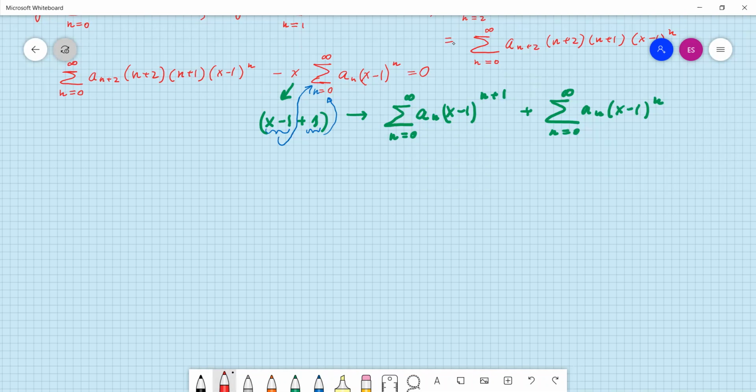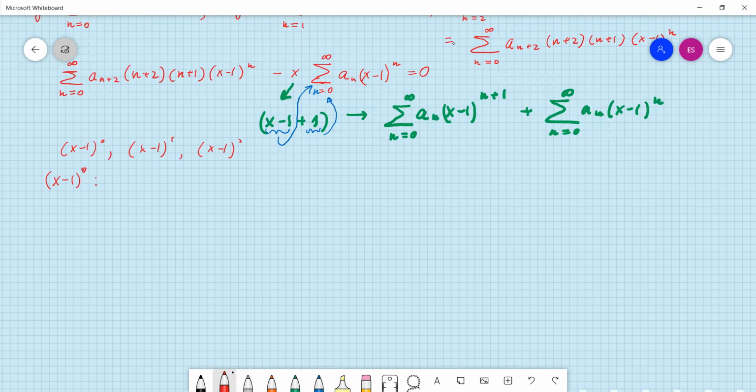So I'm going to literally consider the powers of x minus 1 like this: x minus 1 to the power of 0, x minus 1 to the power of 1, x minus 1 to the power of 2, and collect the coefficients in front of them. Because with 3 series, shifting the indexes is going to give me nightmares. This is a good way to do it when you have a complicated expression. It's actually the easiest way to do it.